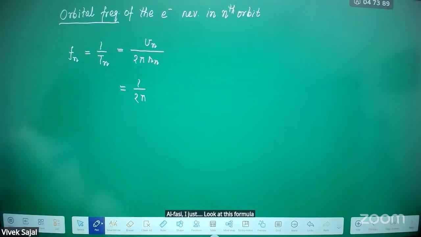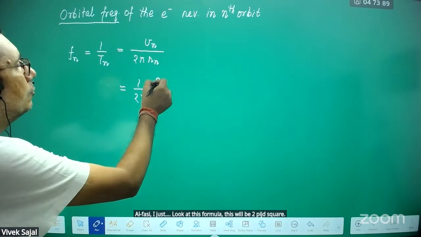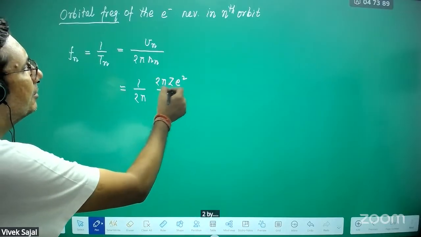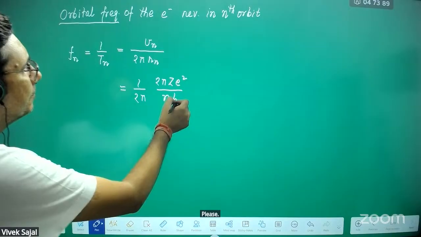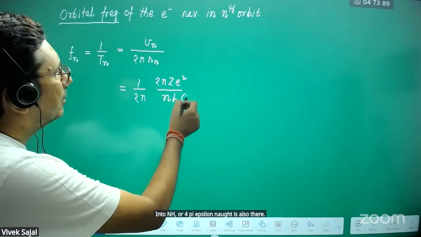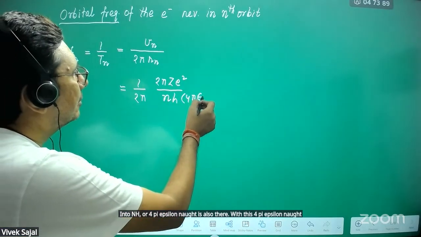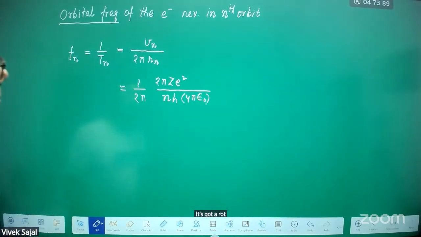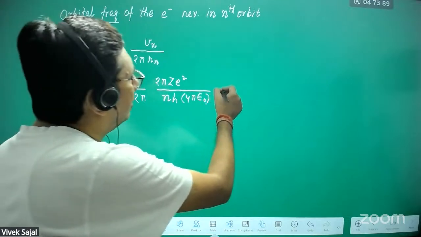This will be 2 pi Z square upon nh. Please, this will be 1 upon 2 pi into 2 pi Z square into nh, or 4 pi epsilon naught is also there. With this 4 pi epsilon naught is also there. That is okay. इसका जरूरत नहीं पड़ता है, सो याद नहीं रखता मैं. This Rn कितना होगा?